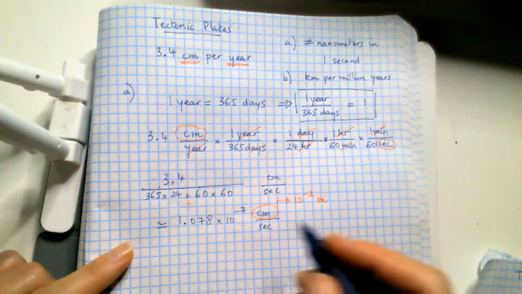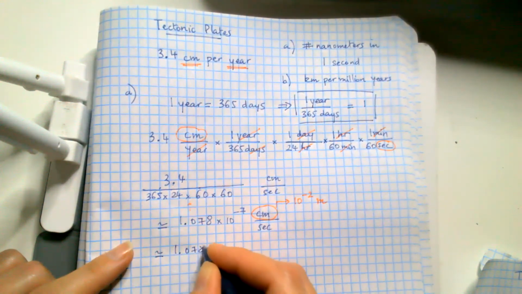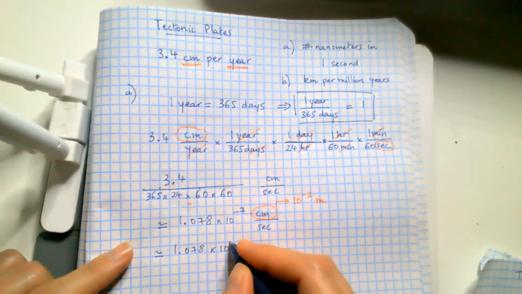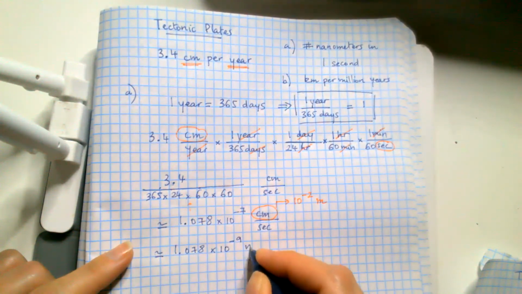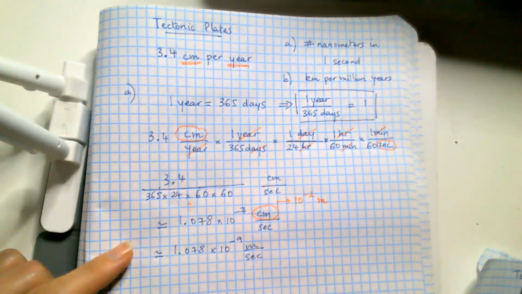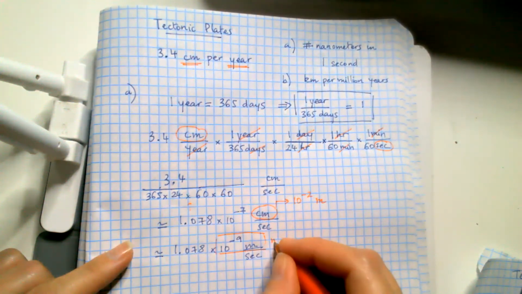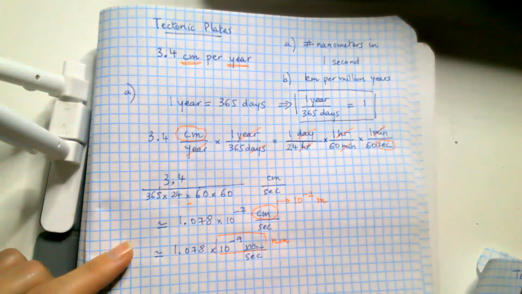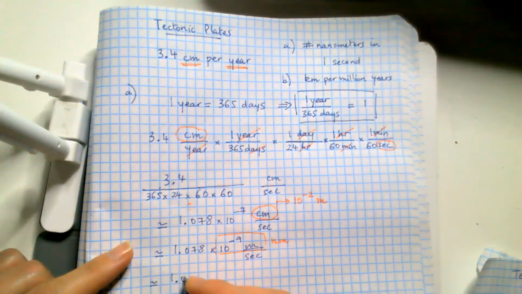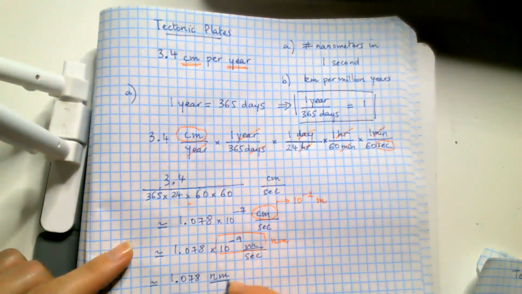And so that would mean, and again, there are different approaches for this, so if you're doing it differently, that's absolutely fine, that's 10 to the negative 9 meters per second. The reason I wanted to highlight this is that 10 to the negative 9 meters is actually 1 nanometer. So that means our final answer is going to be 1.078 nanometers per second.